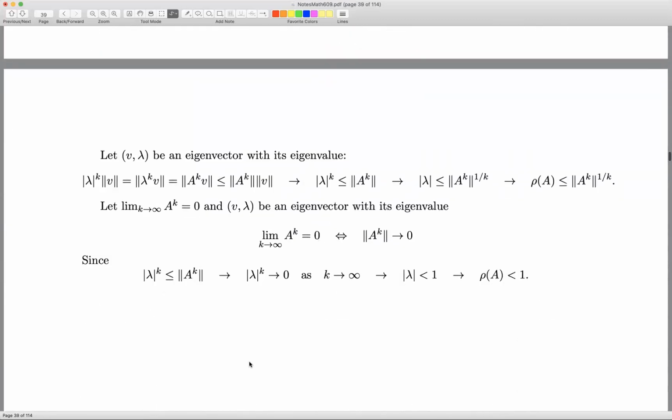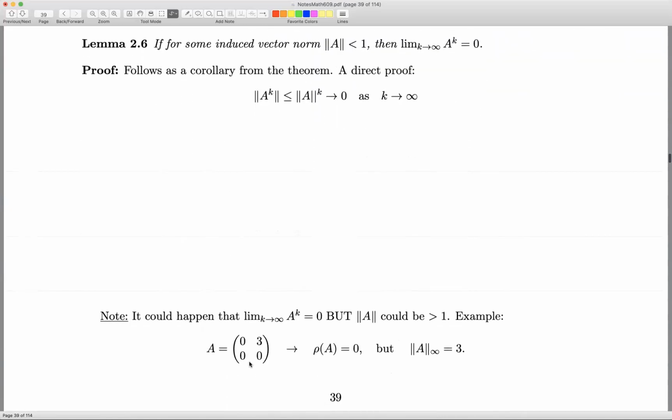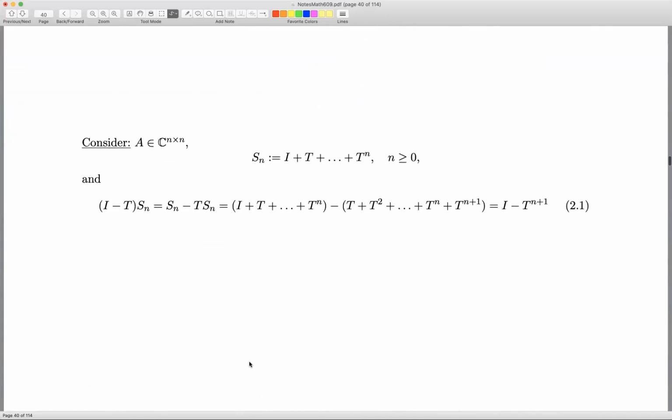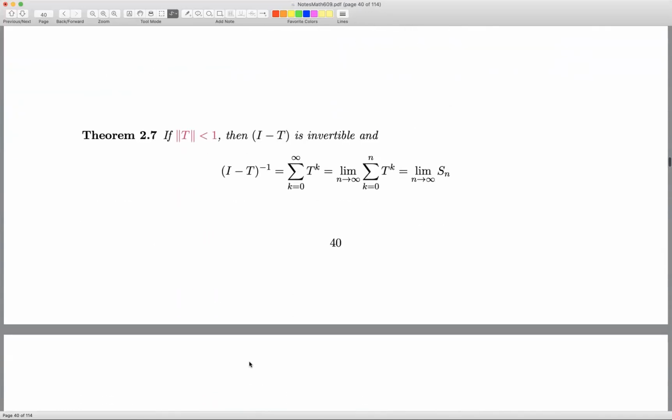In fact, a stronger relation between the spectral radius and any induced matrix norm is true.